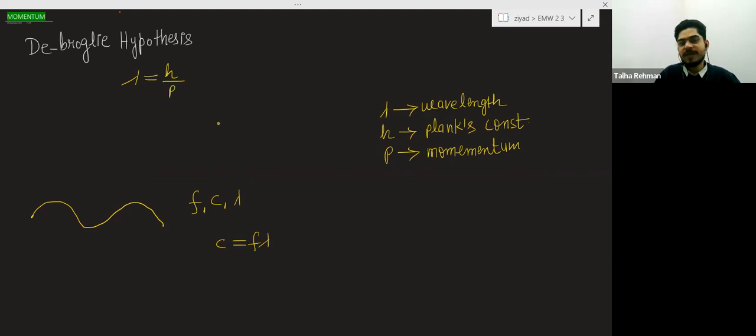So from here we can write momentum p is equal to h by lambda. Suppose this is equation number 1.